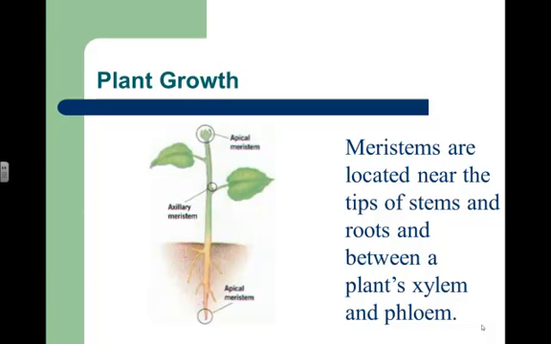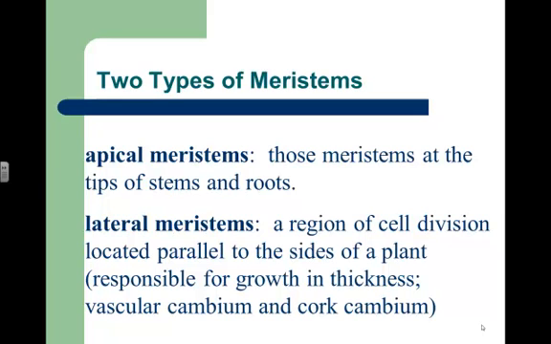Meristems are located near the tips of the stems and the roots, which would be the growing longer, or between a plant's xylem and phloem, which would be growing wider. They have two different names. Apical, think of the apex of something, the tip, the top.